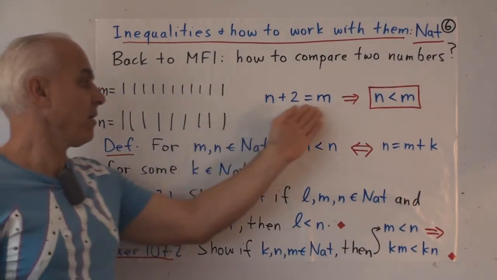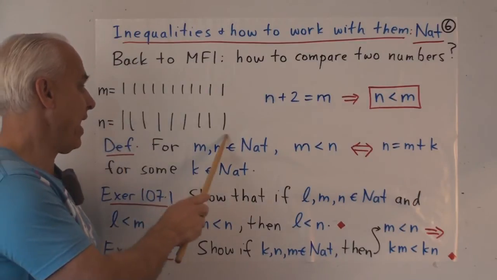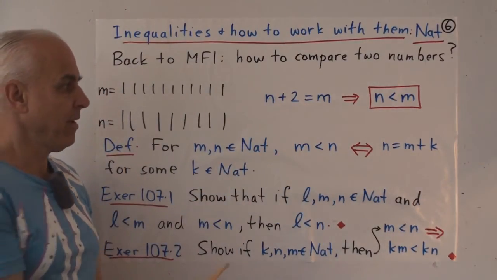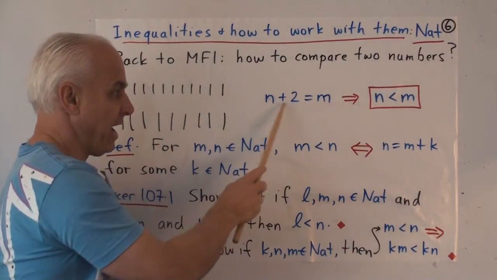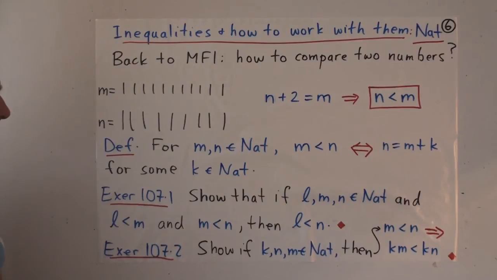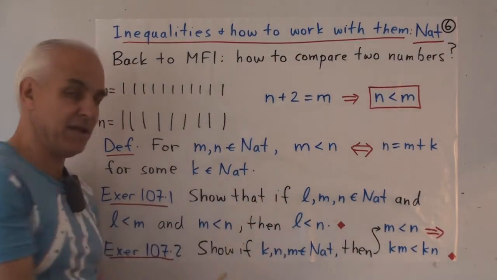Of course, with our more advanced notation, we would say that this number n plus 2 equals m. And that allows us to conclude that n is in fact less than m. So here's a definition of the inequality.